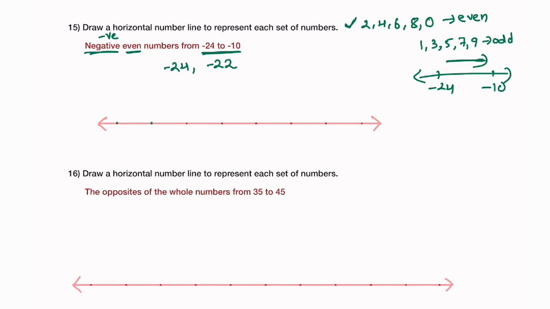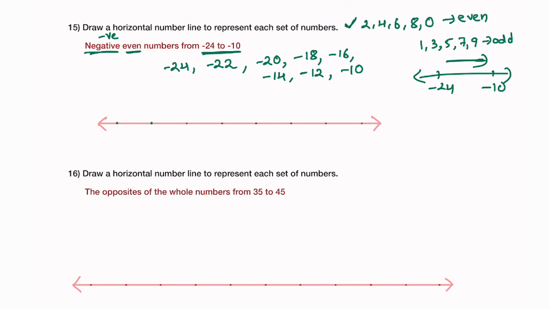So it's like you skip one basically. Minus 21 we skip and we say minus 20. Minus 19 we skip and we say minus 18. Minus 17 skip, minus 16. Minus 15 skip, minus 14. Minus 13 skip, minus 12. Minus 11 skip and minus 10.